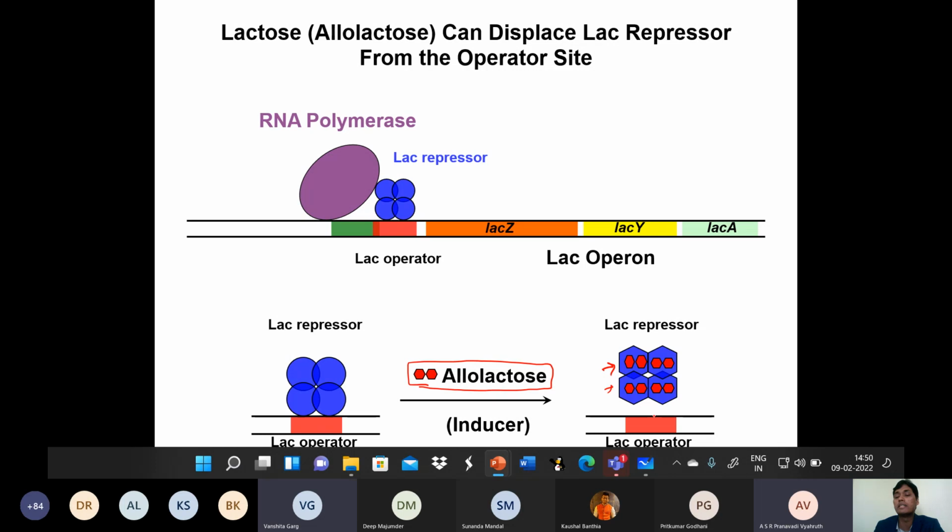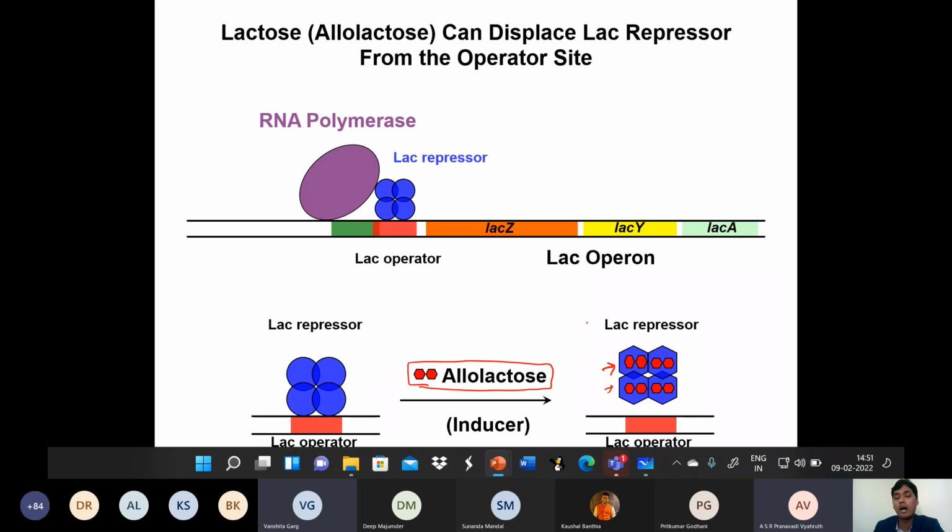As a result, it will be released and fall apart. Then the RNA polymerase can make the mRNA, and as a result the operon will be turned on.